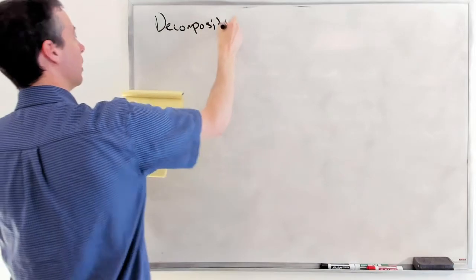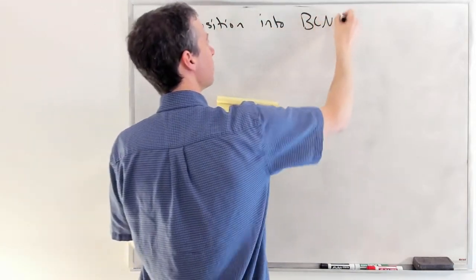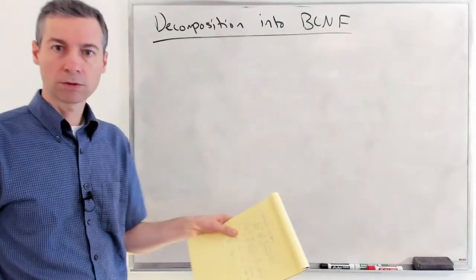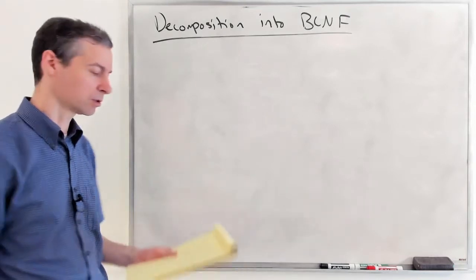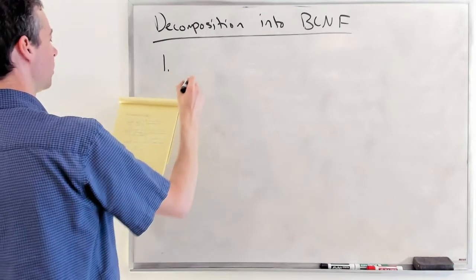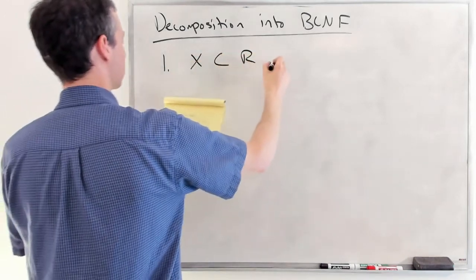The idea here is decomposition means let's break our table up into two or more tables such that we remove these functional dependencies. So this algorithm goes as follows. So X is a subset of R.